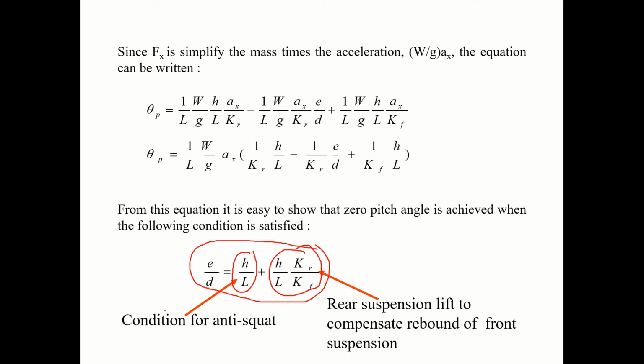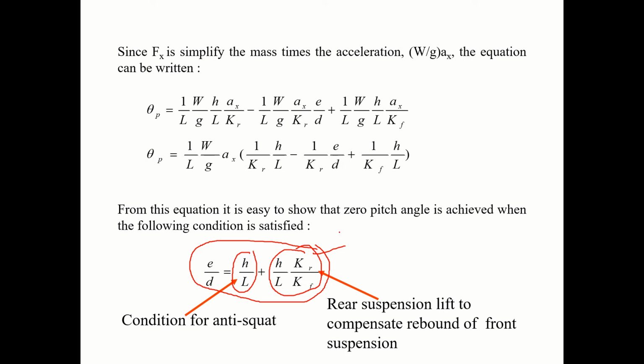And this will give you the condition for anti-squat. Correct? This will tell you how much the rear suspension should lift to compensate the rebound of the front suspension. Okay, this will give you that.